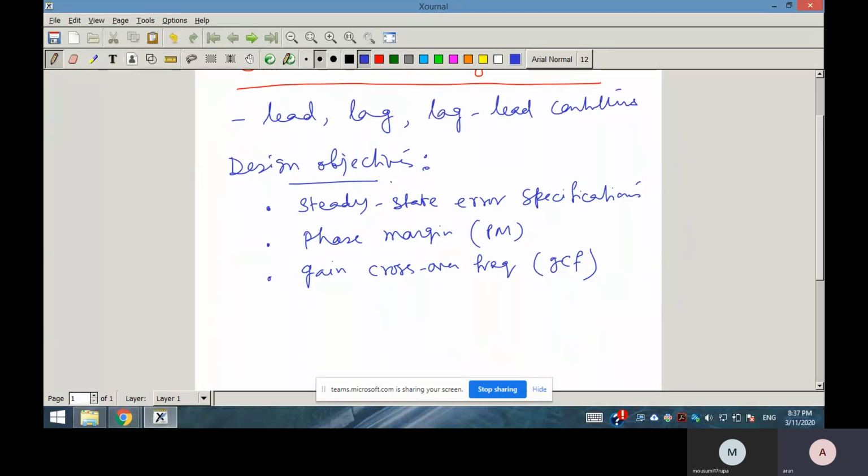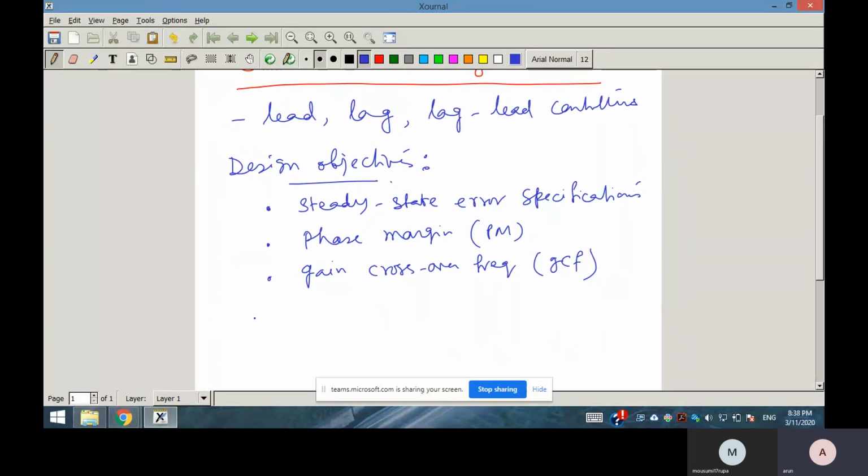As phase margin increases, damping also increases. So phase margin is closely related to peak overshoot of the system. And gain cross-over frequency determines how speedy a response is. If the gain cross-over frequency is more, then the speed of the response will be more. That means rise time will be less.